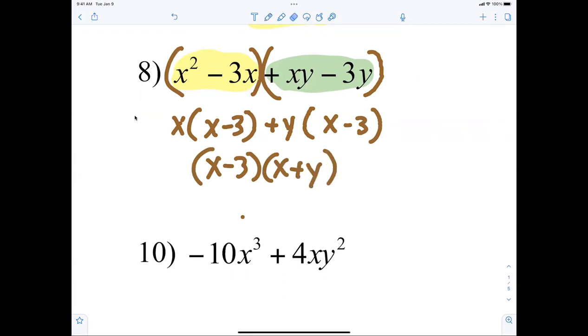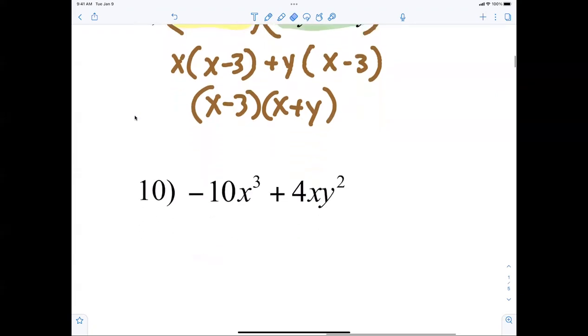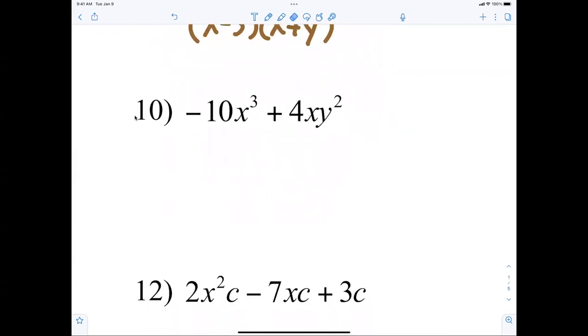Anybody have an issue? All right, hopefully we're getting a little better. Now remember, when the leading coefficient is negative, you must factor out that negative. So what's common? Negative 2x, right?